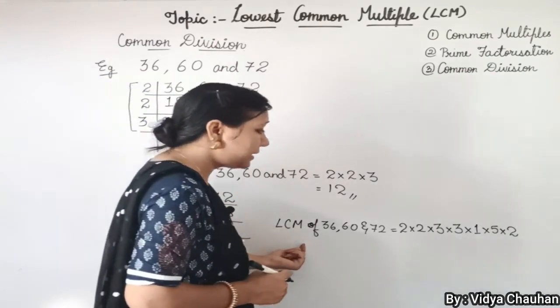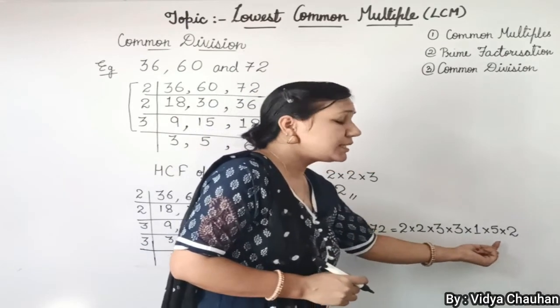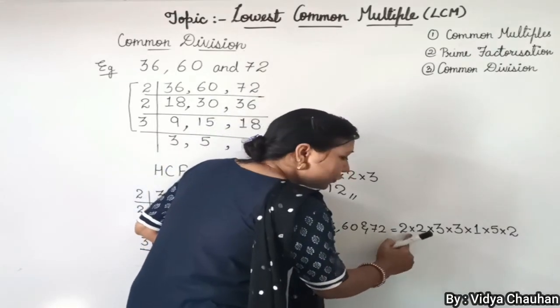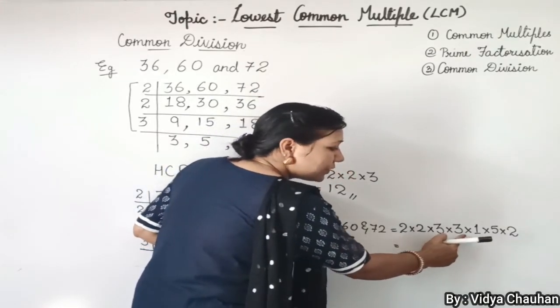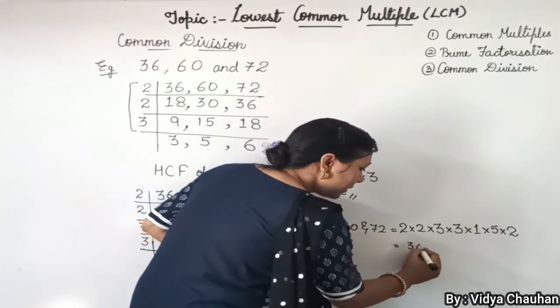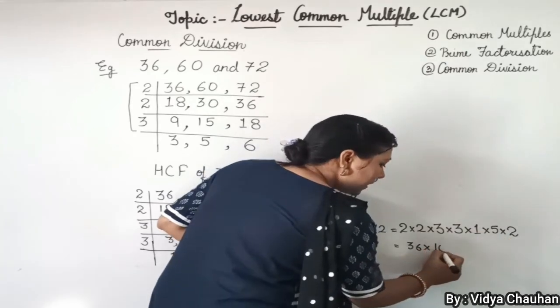Now to find the LCM, you have to multiply all these numbers together. So let us multiply the numbers here. 2 2s are 4, 4 3s are 12, 12 3s are 36. Clear? Then 1 5 is 5 and 5 2s are 10.